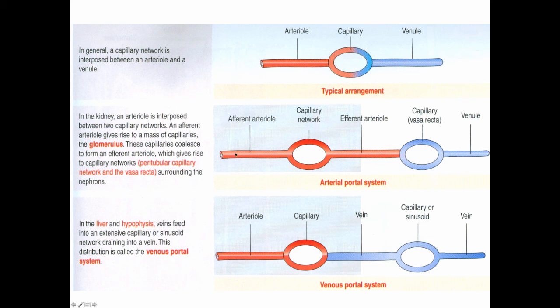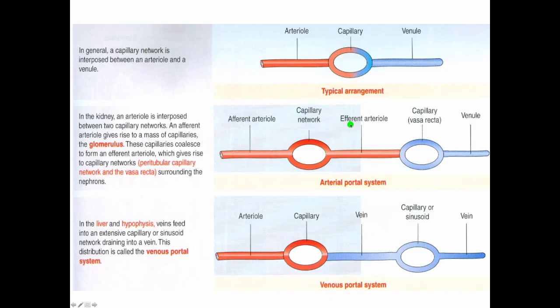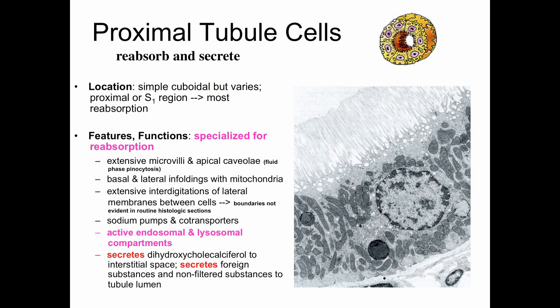Here, an arterial portal system, a capillary bed going into an arteriole, going into another capillary bed. This would be the arterial portal system. And so we'll go back to this arterial portal system. Here is the afferent arteriole breaking into the glomerulus and then giving rise to the efferent arteriole, the so-called arterial portal system.